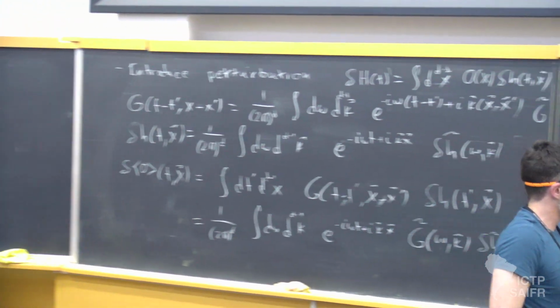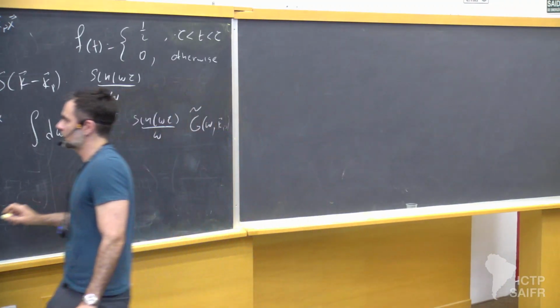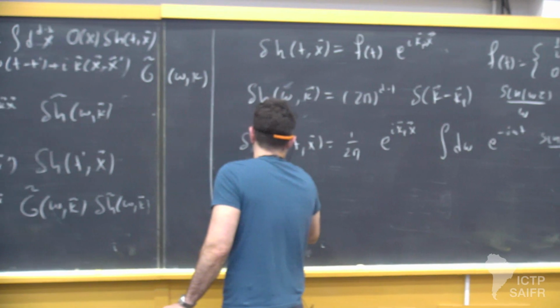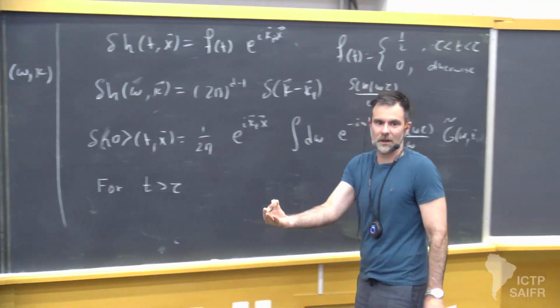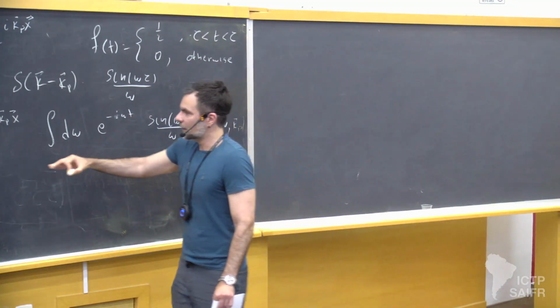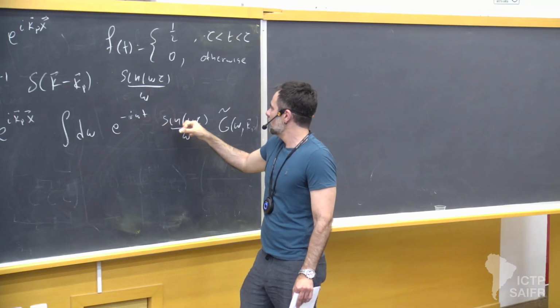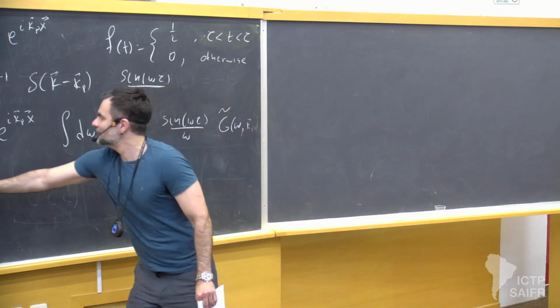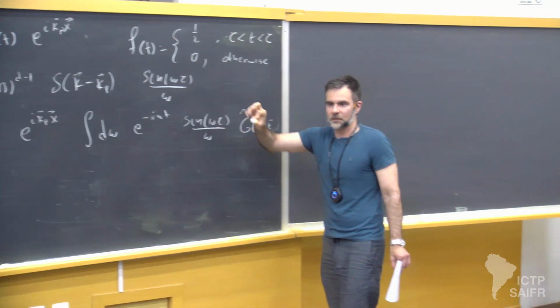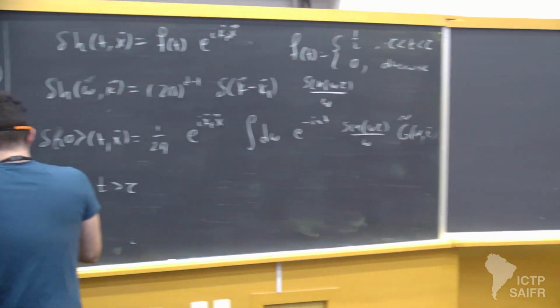So in that case, for t greater than tau, which means late times after the pulse is over, there will be an e to the minus I omega t here. There are some exponentials coming from this sine, but as long as t is greater than this tau, I can just close the circle in the lower half plane.